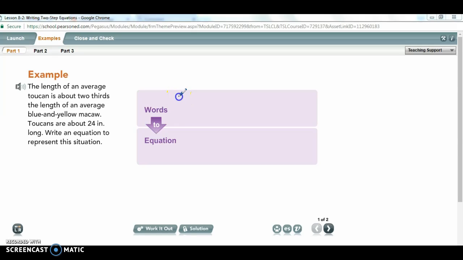So we have the length of the toucan is about. So we know that it is about, so it's going to be equals, or is, about 2/3 of the length of an average blue and yellow macaw.